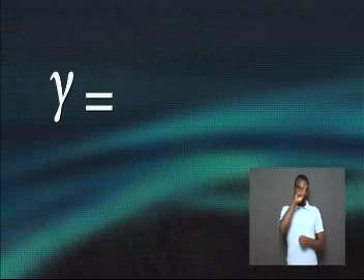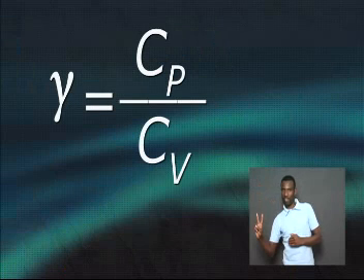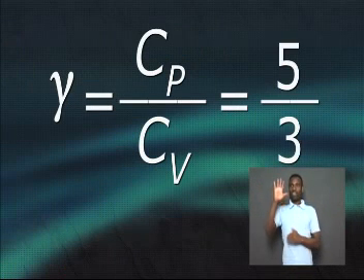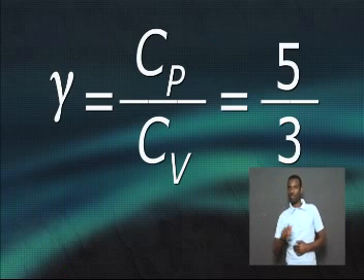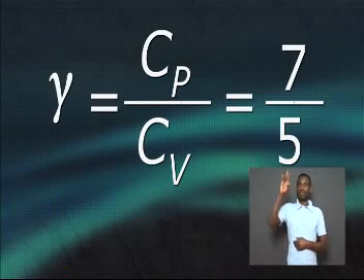Gamma equals Cp over Cv, which equals 5/3. However, for diatomic gases, the ratio is 7/5.